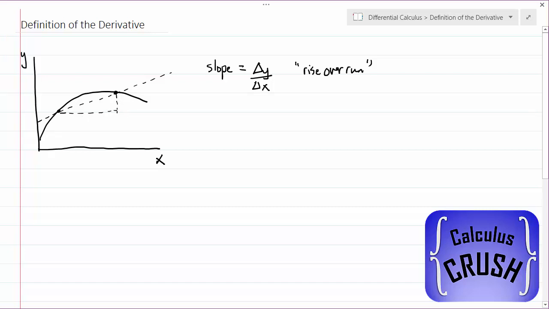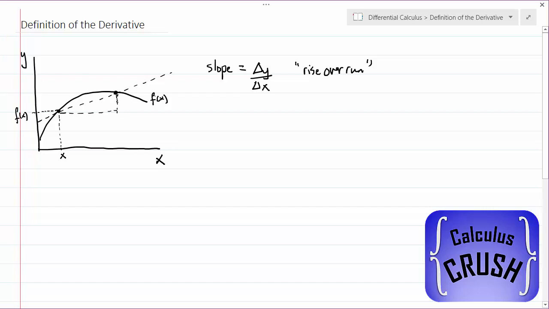And what we're going to do is say that this curve here is f of x. So the value of the function at this first point, I'm going to say the x value is just x. Therefore, the y value is going to be f of x.